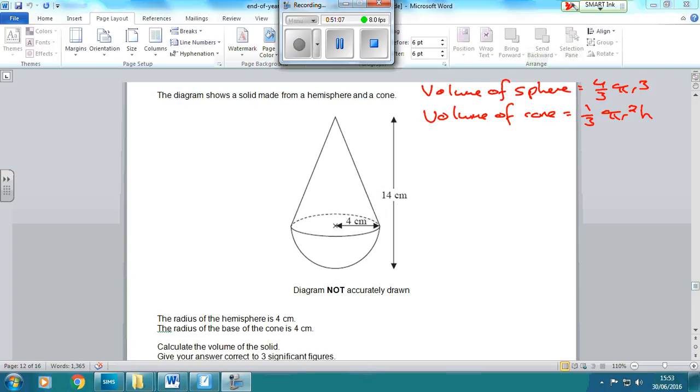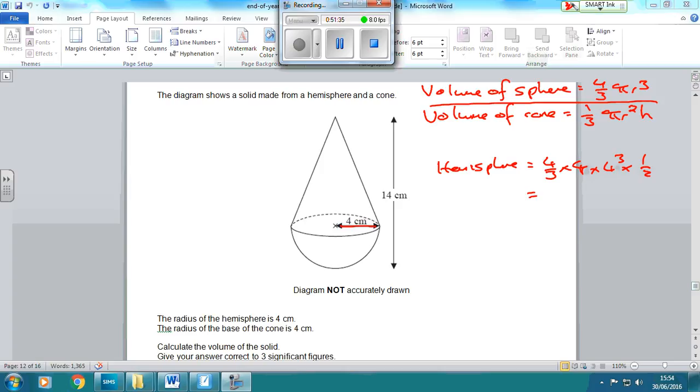Let's take the sphere first of all. Now what we've got here is a hemisphere, which means we've got half a sphere. So what we're going to do is the hemisphere, which is 4/3 times pi times radius cubed. Now the radius here is 4. It's going to be 4 cubed. Then we've got to times that by a half, because this is the volume of a whole sphere, like a whole ball. We only need half for that.